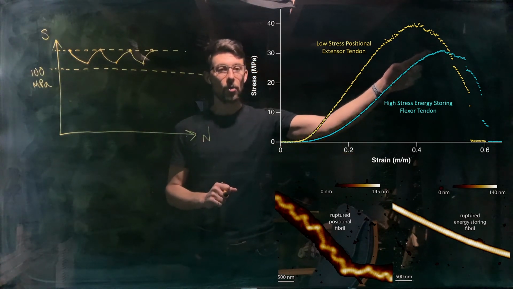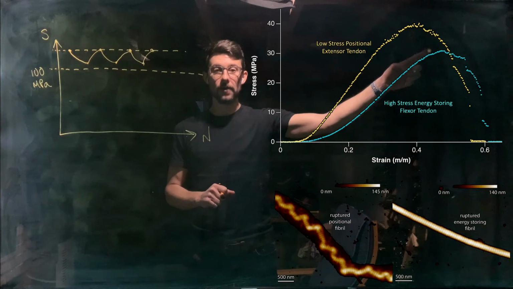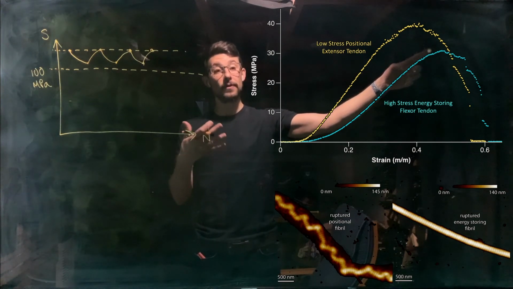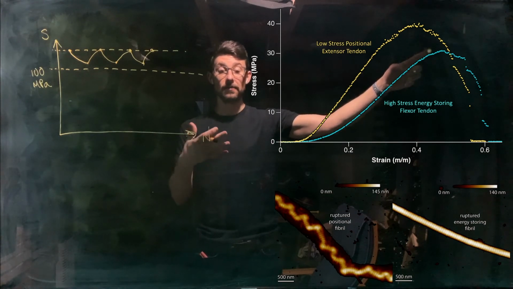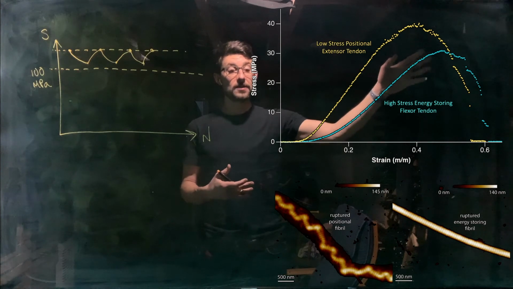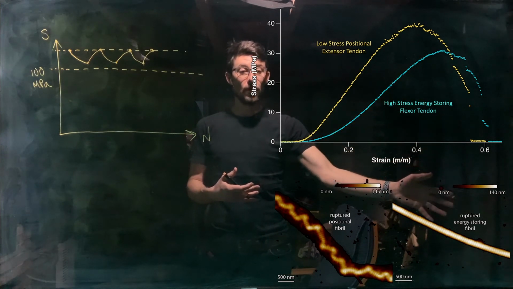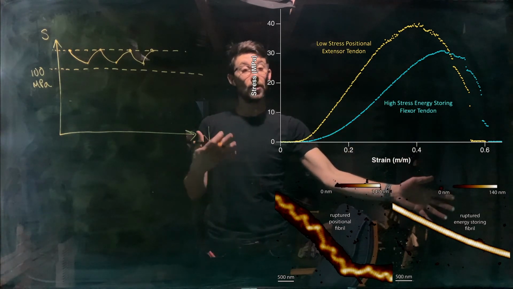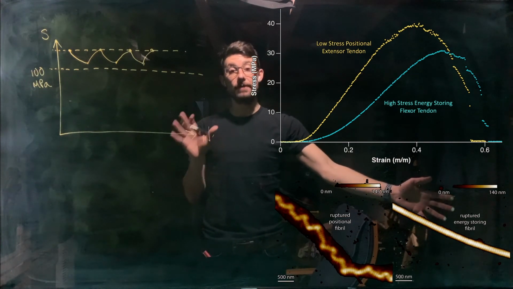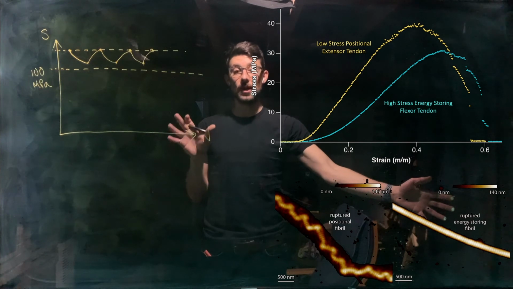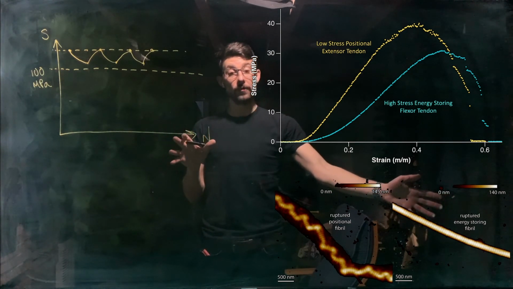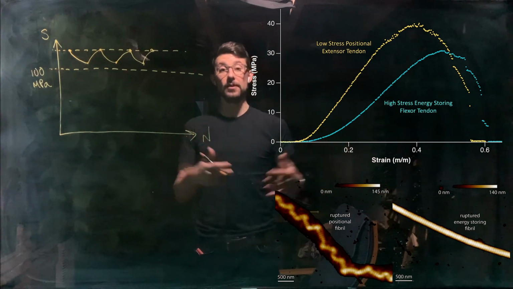The lower strength of the fibrils, or the lower strength of energy storing tendons, the tendons that undergo high stress, is in some way a consequence of those fibrils having a structure that is very resistant to damage as the result of cyclic loading, which is important because those fibrils are not being turned over.